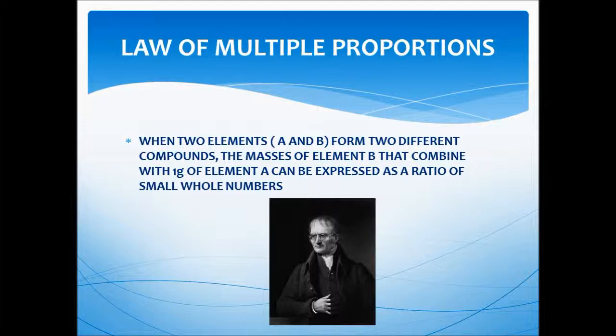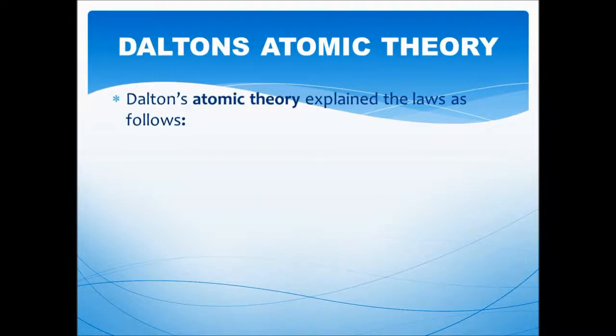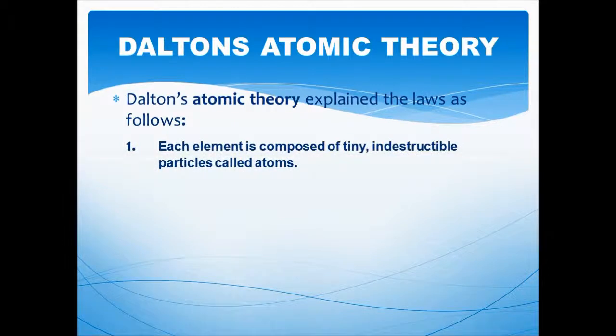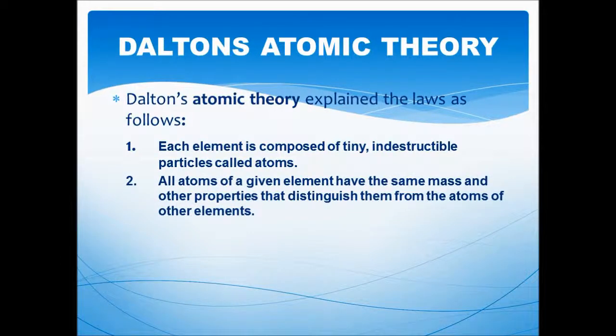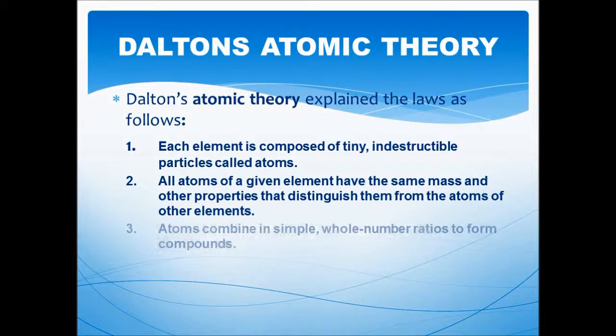So later on, Dalton put all three laws together and he came up with what is now called Dalton's atomic theory. And it explains the laws as follows. 1. Each element is composed of tiny, indestructible particles called atoms. He also said that all atoms of a given element have the same mass and properties that distinguish them from the atoms of other elements.